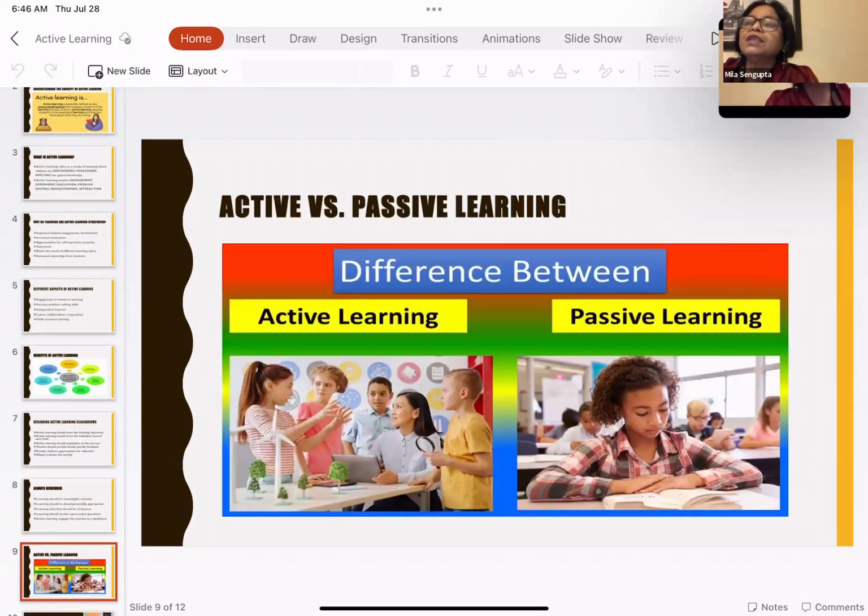So let's talk a little bit about active learning versus passive learning. What does happen in passive learning? Children are used more to teacher-directed instructions. Children have to memorize. Children have to learn through rote learning. They do not have much opportunity to express themselves.